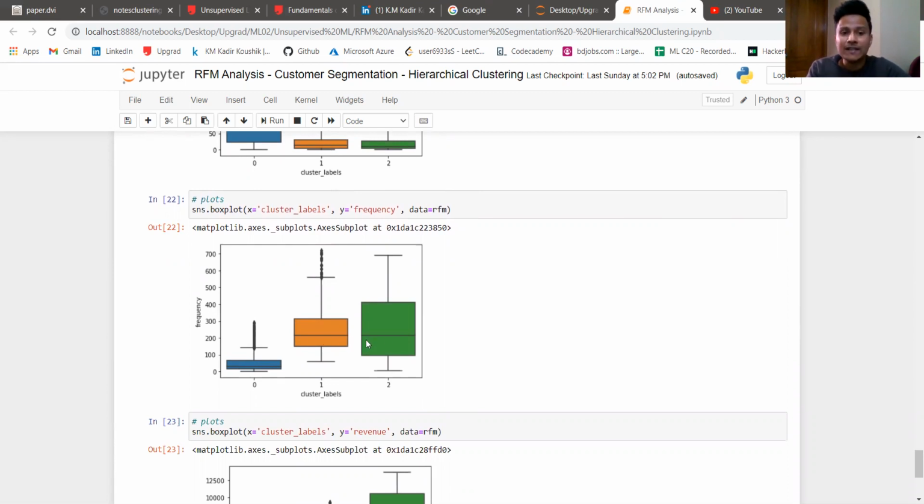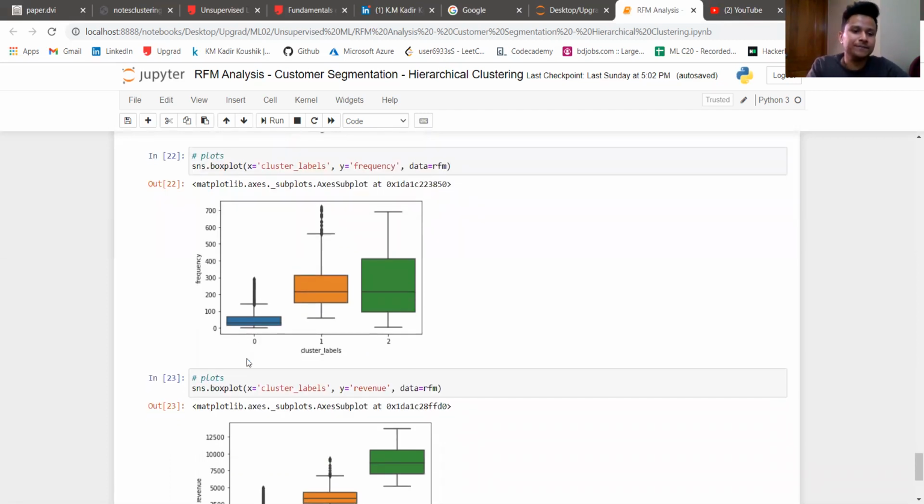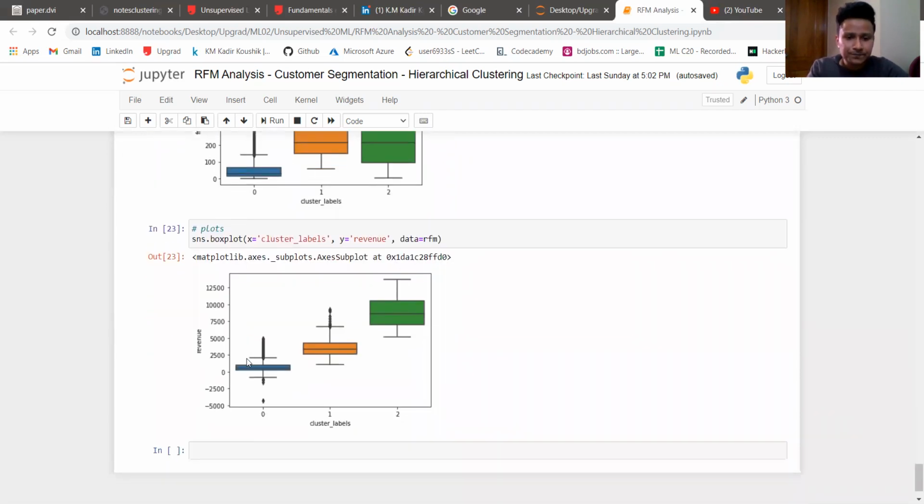Whatever the marketing strategies, after you give this analysis to the marketing department, they are going to devise different marketing strategies depending on the different groups of customers. They might put more focus on these two, or on the customers they want to make visit the website even more. It's totally their decision. Next is the revenue part. Again, cluster 2 is very important. The customers in this group are contributing the highest to your revenue.